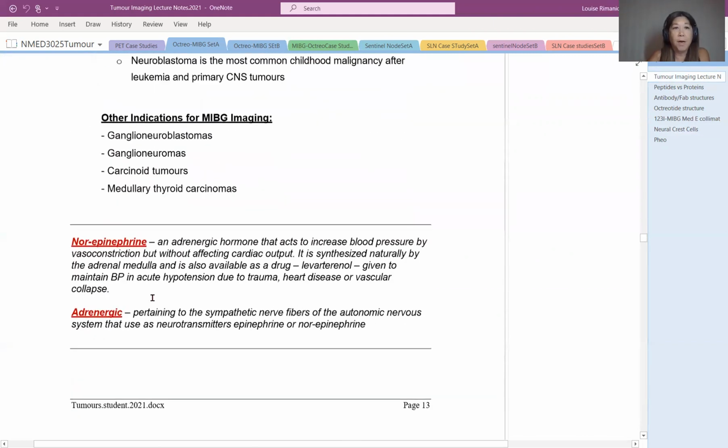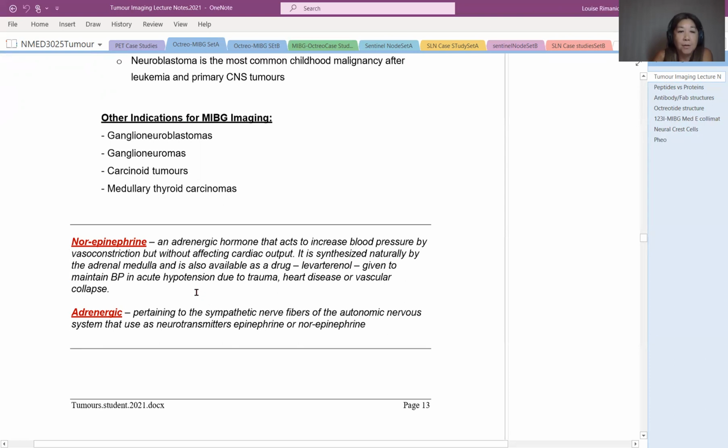So just a reminder in case you've forgotten or you haven't been watching your Grey's Anatomy. So norepinephrine is an adrenergic hormone, and it acts to increase blood pressure by causing vasoconstriction. It's synthesized by the adrenal medulla, and it's also available as a drug, right? So it can be created in the lab in the form of levoarterenol.